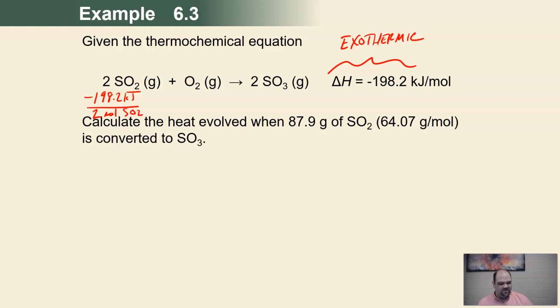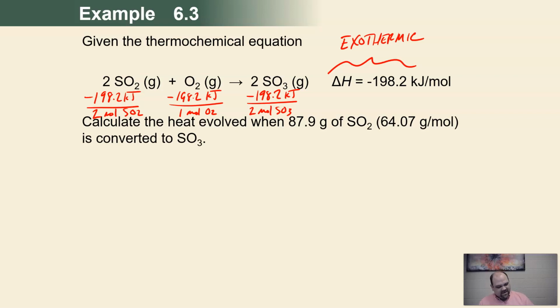But it is also perfectly true that 198.2 kilojoules of energy are released for every 1 mole of oxygen. It is also true that negative 198.2 kilojoules of energy are exchanged for every 2 moles of SO3. And so we can write all 3 of these conversion factors, and the number of moles on the bottom is the same as that coefficient in the balanced reaction.